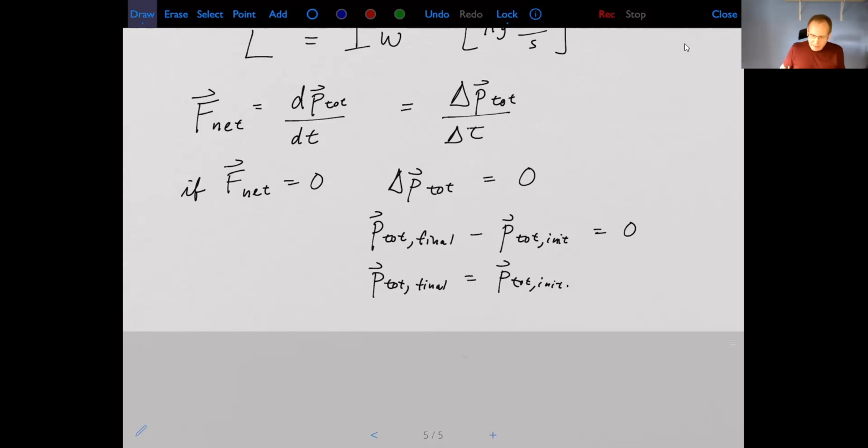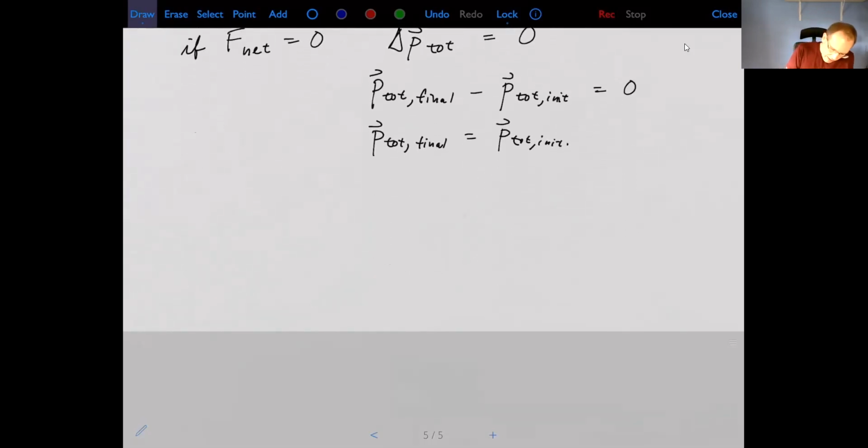Well, there's an analogous situation for rotations. So instead of F net equals the change in total linear momentum divided by time, we can say that the net torque equals the change in total angular momentum divided by time.